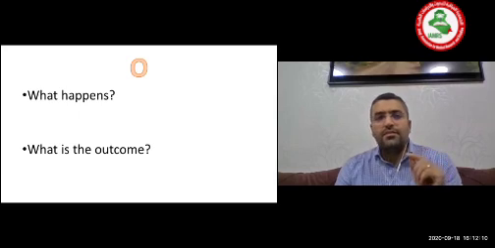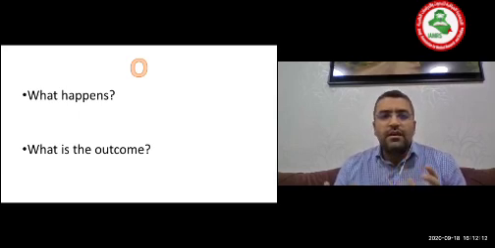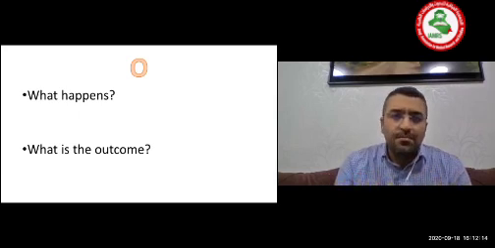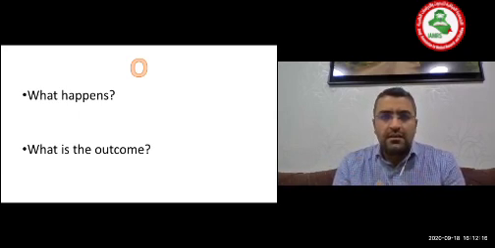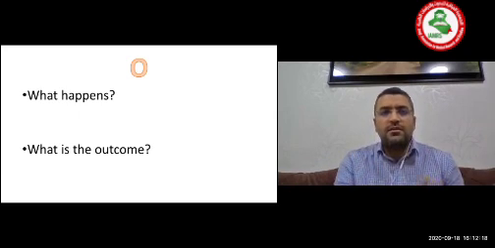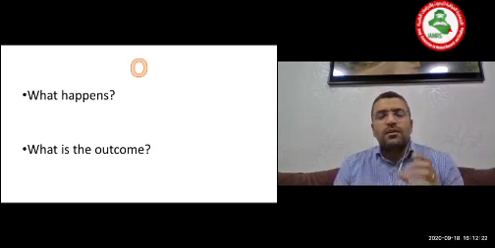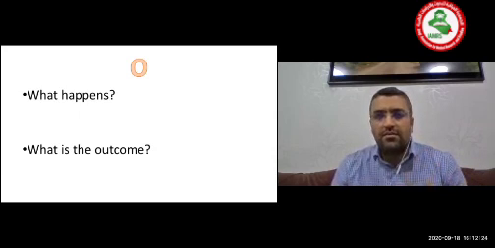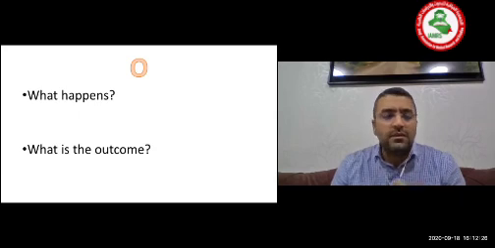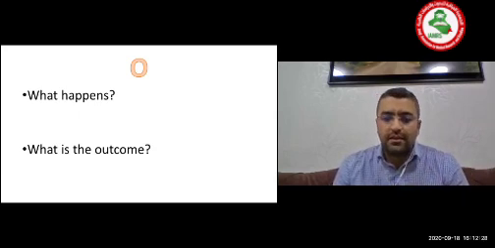So we should ask ourselves, if we give these people this medication, compared with another one, what will happen? What is the outcome of our study? What is the expected outcome? What should we look for in our study?